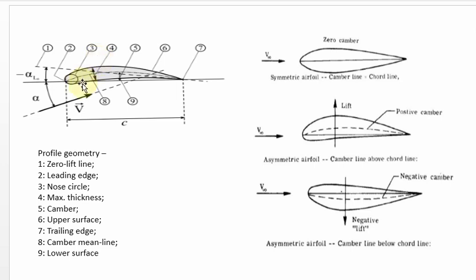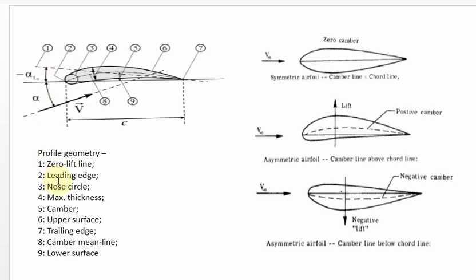I want to make my cambered aerofoil zero lift. Then I have to make this line exactly horizontal, because this is my zero lift line. When the zero lift line is located exactly horizontal, the cambered aerofoil is somewhat tilted and automatically my lift value will be 0. That is why we must know the zero lift line. So that is the meaning of your first point, zero lift line.